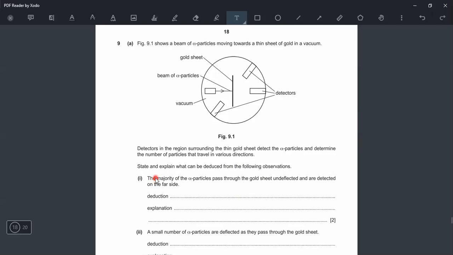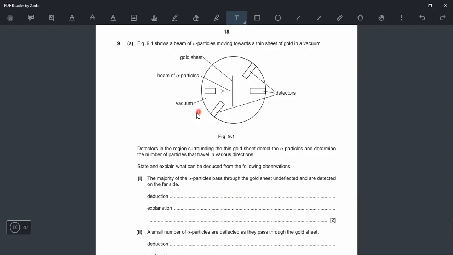So, okay, there were 3 observations if you remember. Most of the alpha particles go through the foil or the gold sheet undeflected. That's because the nucleus inside is extremely small and the atom is mostly empty space. So the alpha particles don't really hit anything. Then some of the alpha particles do change direction because they move close to the nucleus, and the nucleus is positively charged, so they get repelled.